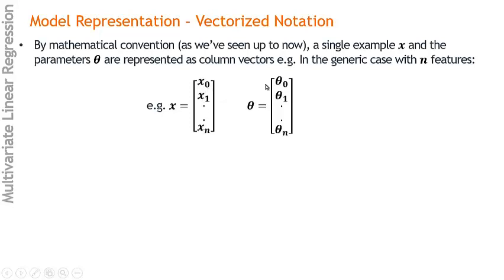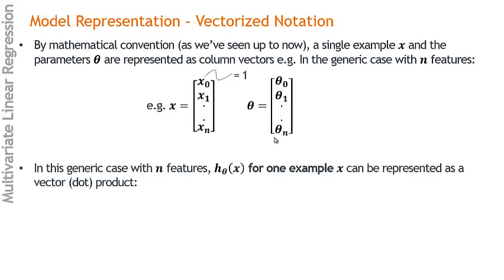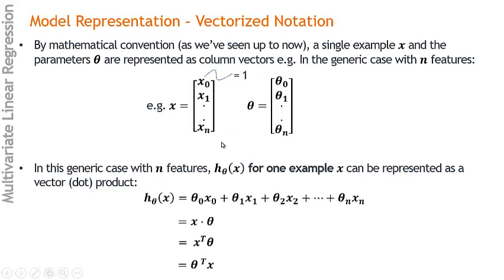And theta also has n plus 1 components. Okay. In this generic case with n features, h theta for one example can be represented as a vector dot product. Right? Our formula is x0 times theta 0 plus x1 times theta 1, and so on. But in fact, that's the well-known dot product between two vectors.